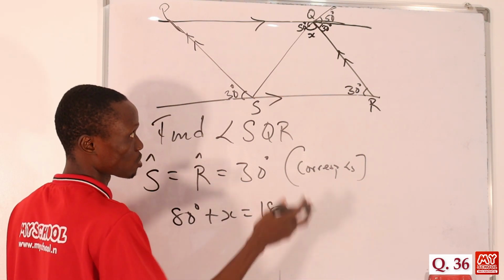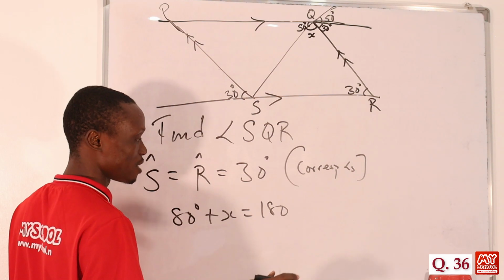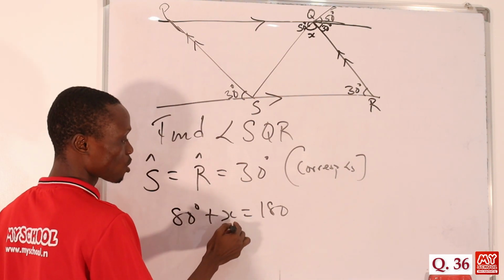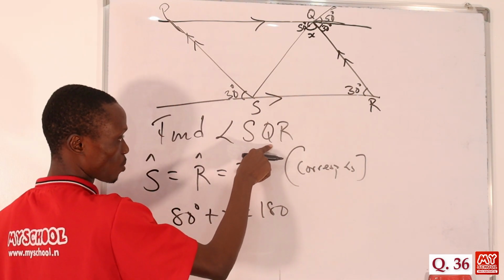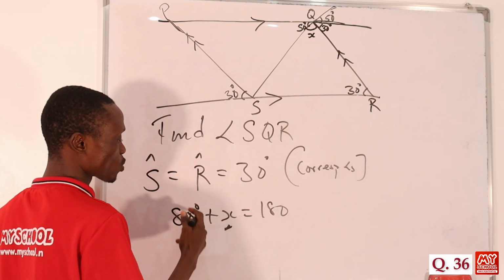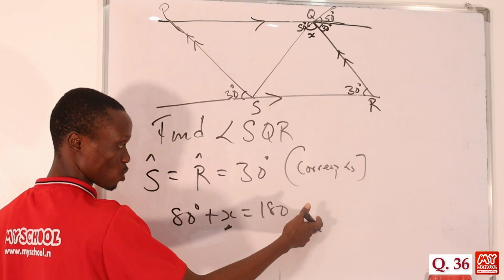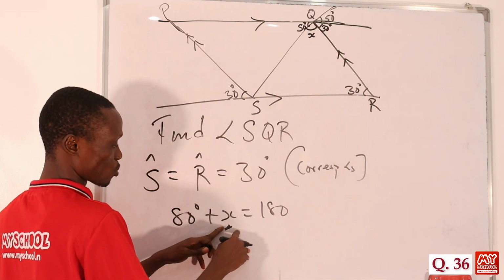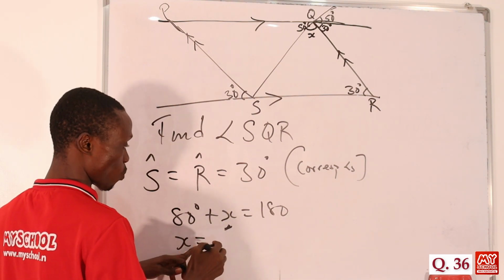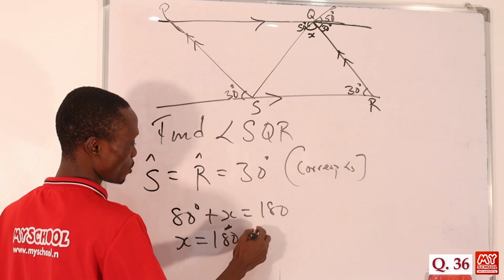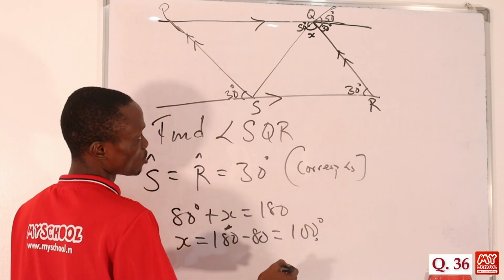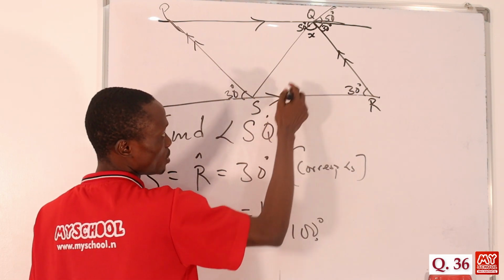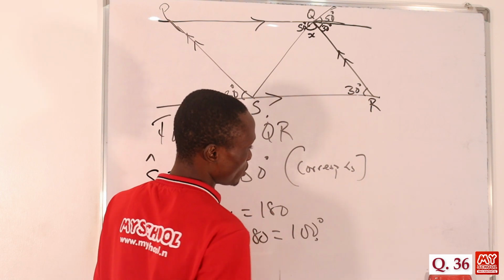The reason is because the sum of angles on a straight line is equal to 180. Now we are looking for S, which is the angle Q that we were asked to calculate. So it's just for us to move the 80 to the other side of the equation so that S can be on its own. So S is now equal to 180 minus 80, and that will be equal to 100 degrees. So the value of angle Q is 100 degrees.